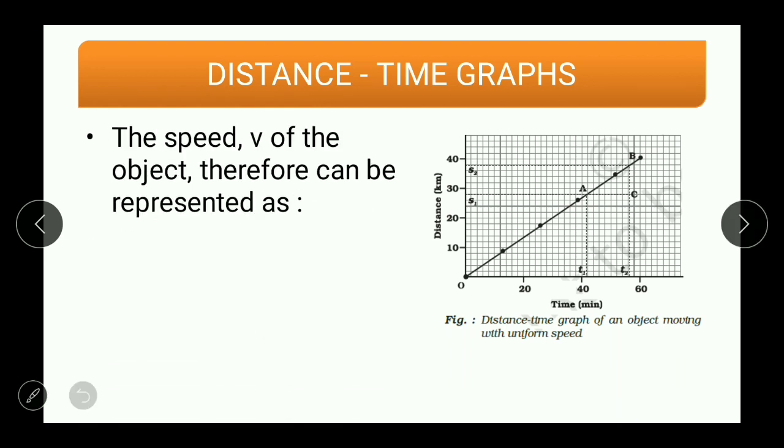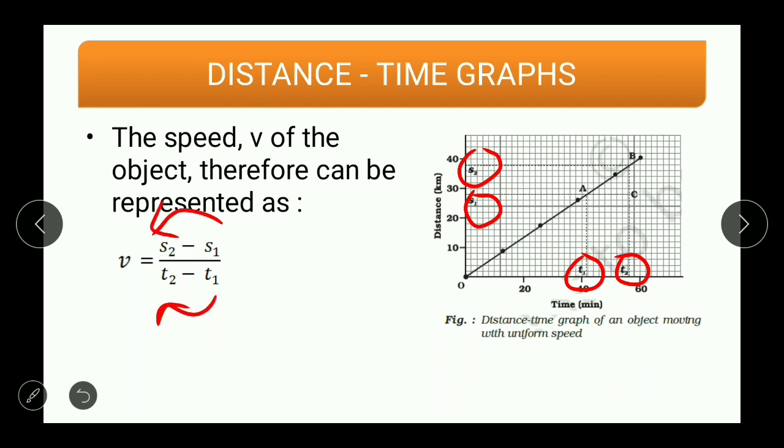The speed v of the object can be represented by the formula v is equal to S2 minus S1 upon T2 minus T1. Where is S2? S2 is over here. And where is S1? S1 is over here. T2 is over here and T1 is over here. So what we have to do here? We have to subtract S1 from S2 and T1 from T2, and then we will get the velocity.